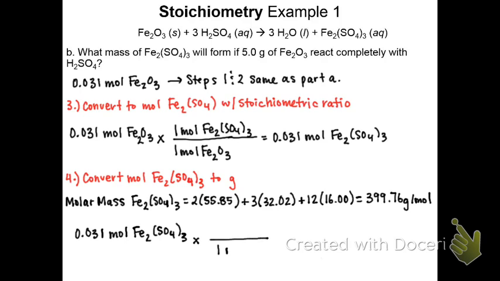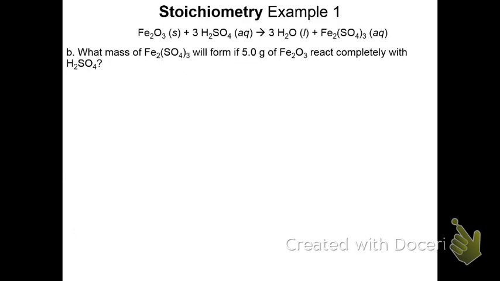So we want the 1 mole to cancel. And so that comes out to 12 grams of iron sulfate. And again, we want to have 2 sig figs because we had 2 sig figs in that original value.